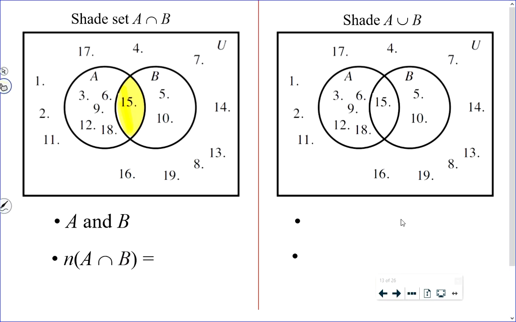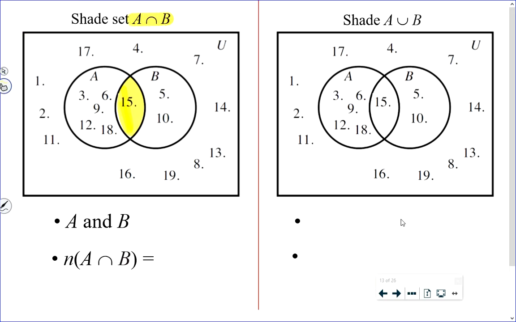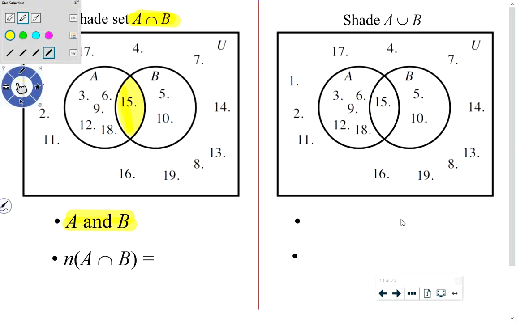They've got written there A and B. I would think that's the notation, but whether you say A and B or A intersect B, it doesn't matter to me as long as you understand. And there is only one element in that set. So the number of elements in the intersection of A and B is 1.